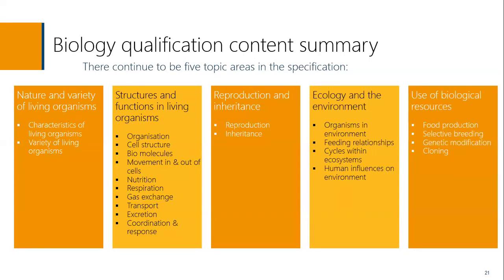You will find more details in the specification about what exactly will be covered. But we've got the nature and variety of living organisms, structures and functions in living organisms, reproduction and inheritance, ecology and the environment, and use of biological resources.